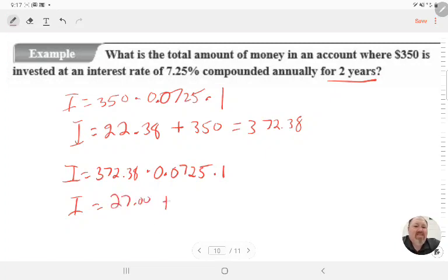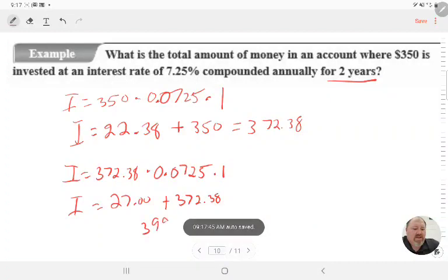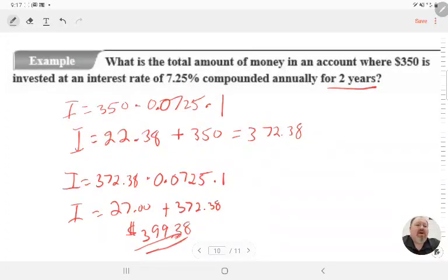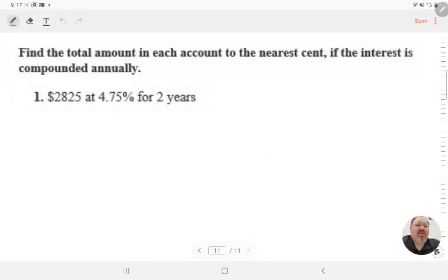And so I add that back to the $372.38, and I'm going to get $399.38 would be my answer. Okay? All right, there's one last one. You try it, then come back and see how you did.